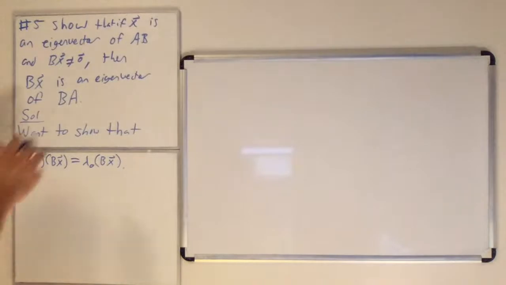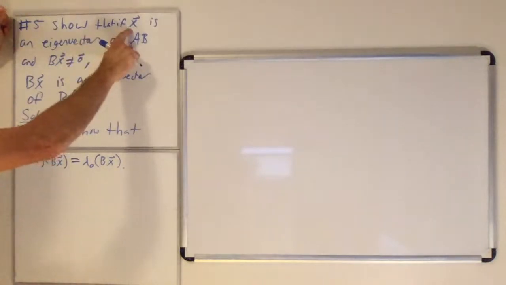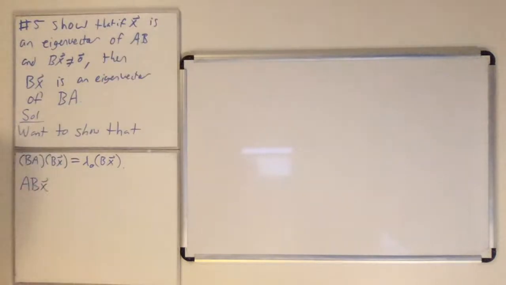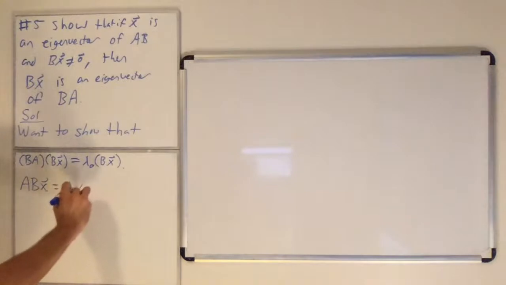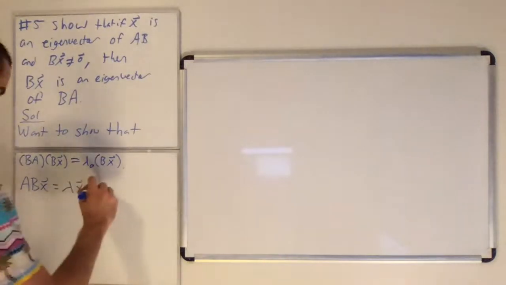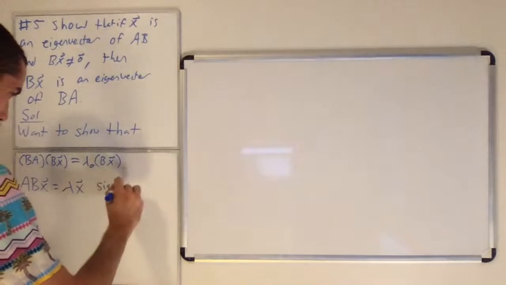So let's just start with what we were told. x is an eigenvector of the matrix AB. Apply it to x, you get some scalar multiple of x. Right, that's what it means to be an eigenvector.